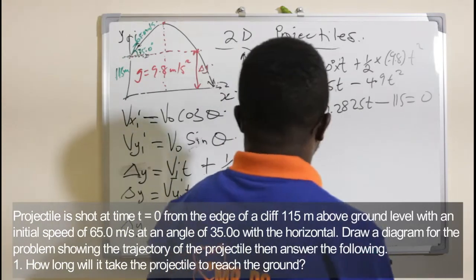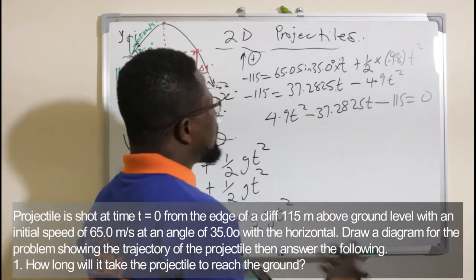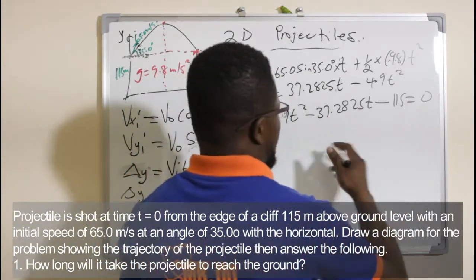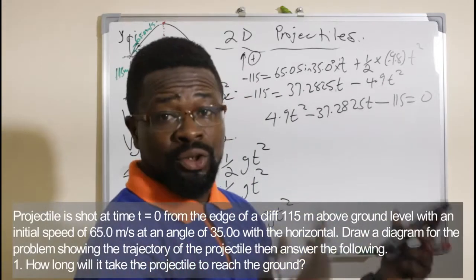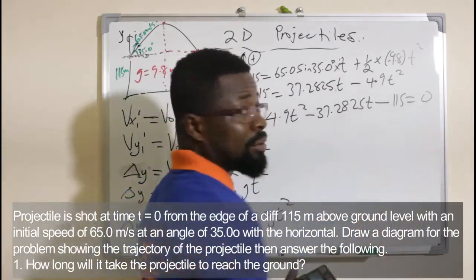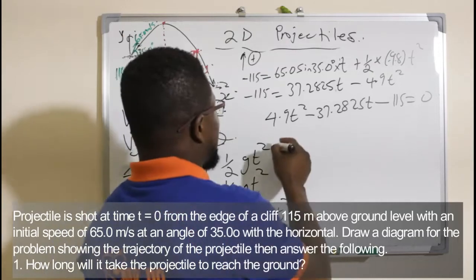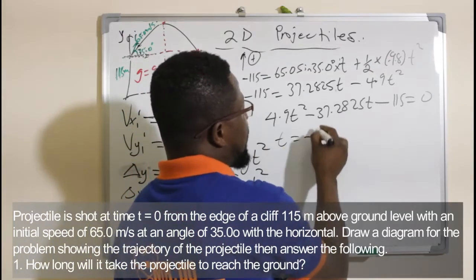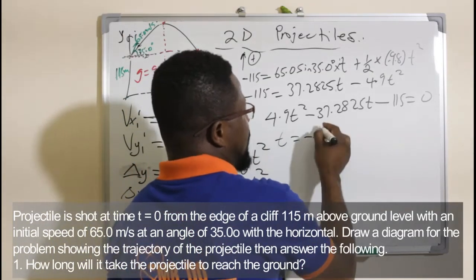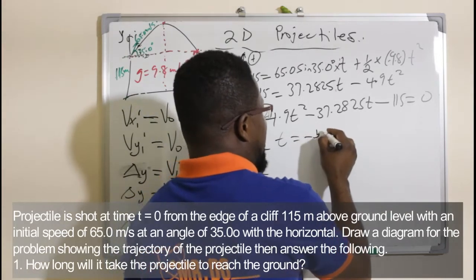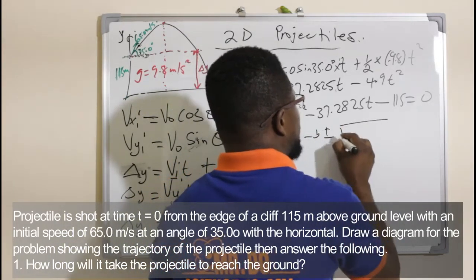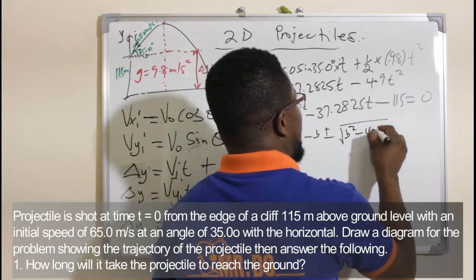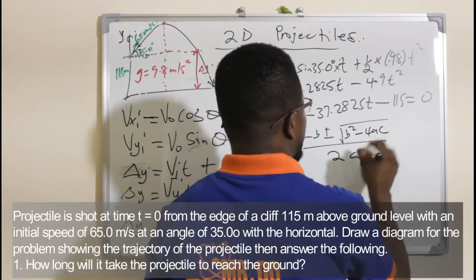I can use the calculator to solve this, but I can also use the quadratic formula and say t is equal to negative b plus or minus root of b squared minus 4ac, all over 2a.